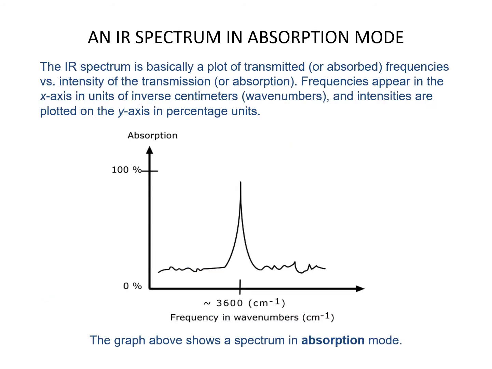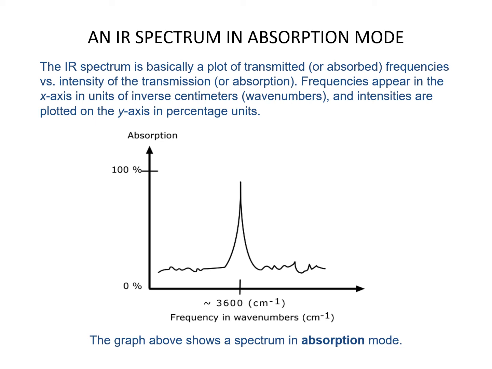Here's just a really simple diagram of what an absorption mode IR spectrum would show for a very narrow range of the wave numbers, around 3600. If you notice at the bottom, it's wavy. There's always going to be noise because even near 0 degrees Kelvin, which you're not going to ever reach in a lab, there's some rotation and vibration of molecules just from room temperature or anything like that. So it's always going to be a jagged, kind of noisy line.